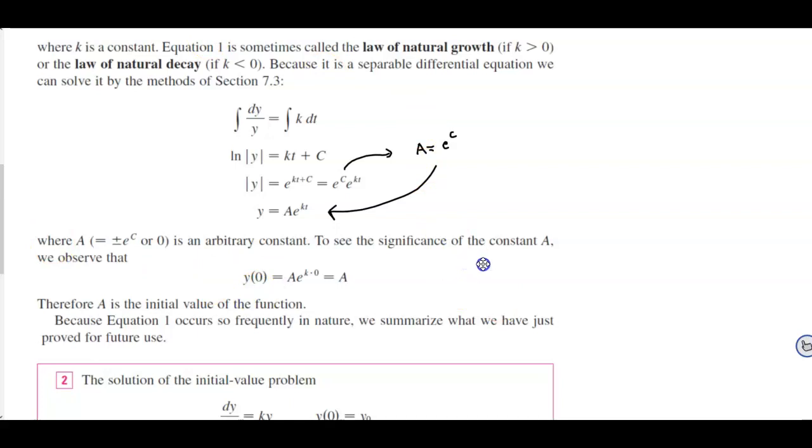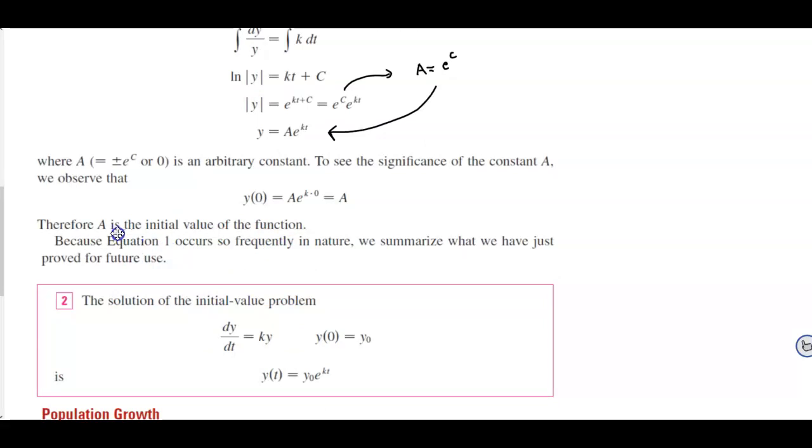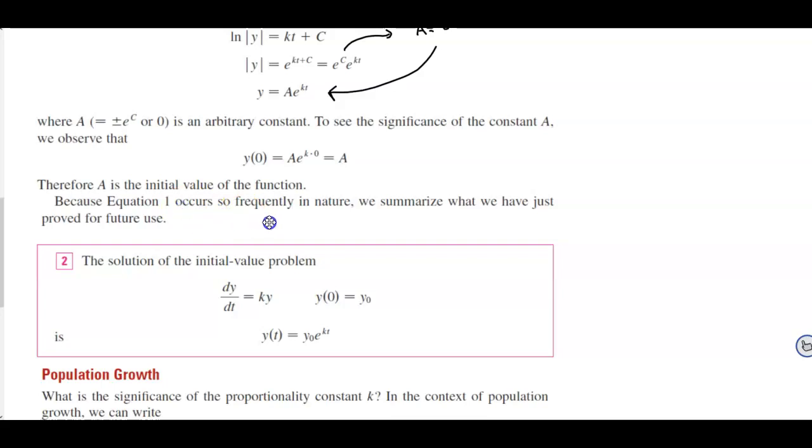To see the significance of the constant A, we observe that y(0) is equal to A times e to the k times 0, which just gives us A. And therefore, we can say that A is the initial value of the function. Now, because equation 1 occurs so frequently in nature, we summarize what we have just proved for future use.